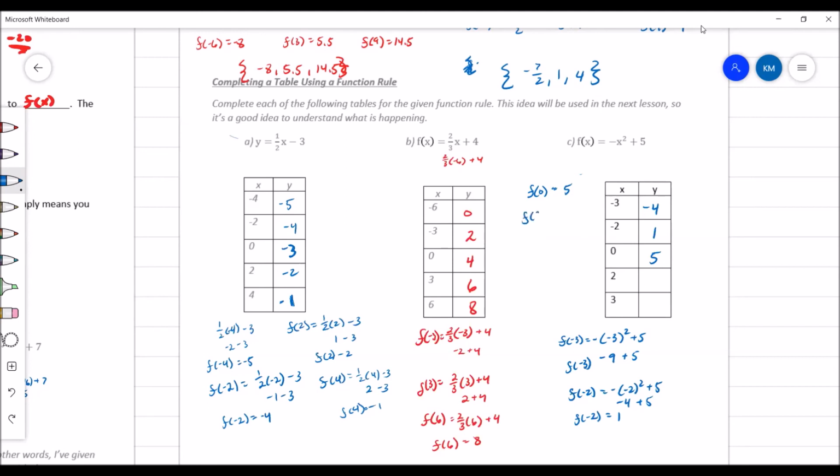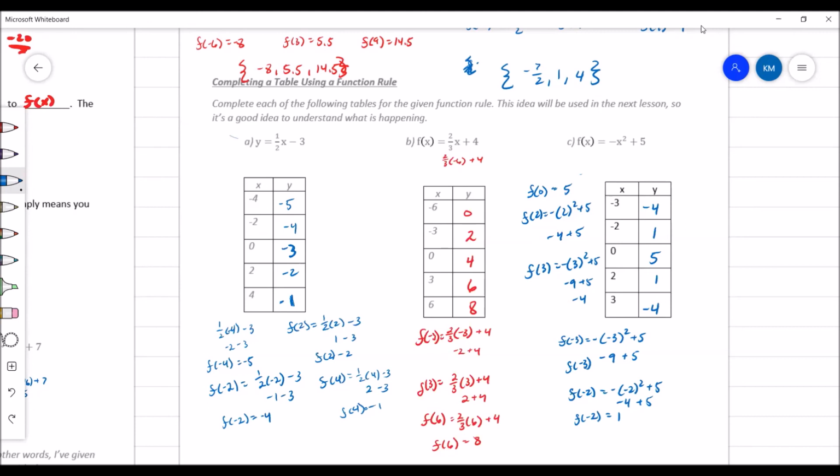F of 2, again, when we plug this in, it's going to be -(2) squared plus 5, so that's -4 plus 5 is 1. And then f of 3 will be -(3) squared plus 5, -9 plus 5, and that's -4. So here are our values: -4, 1, 5, 1, -4.